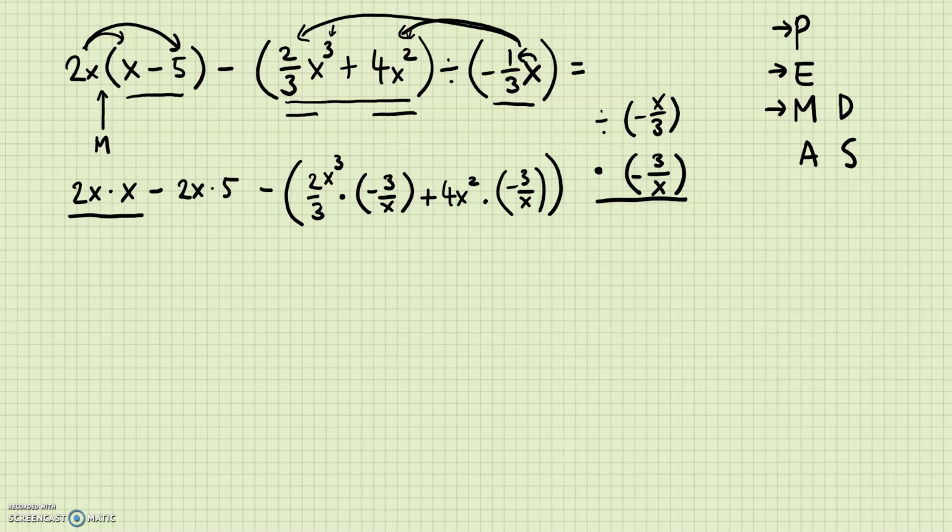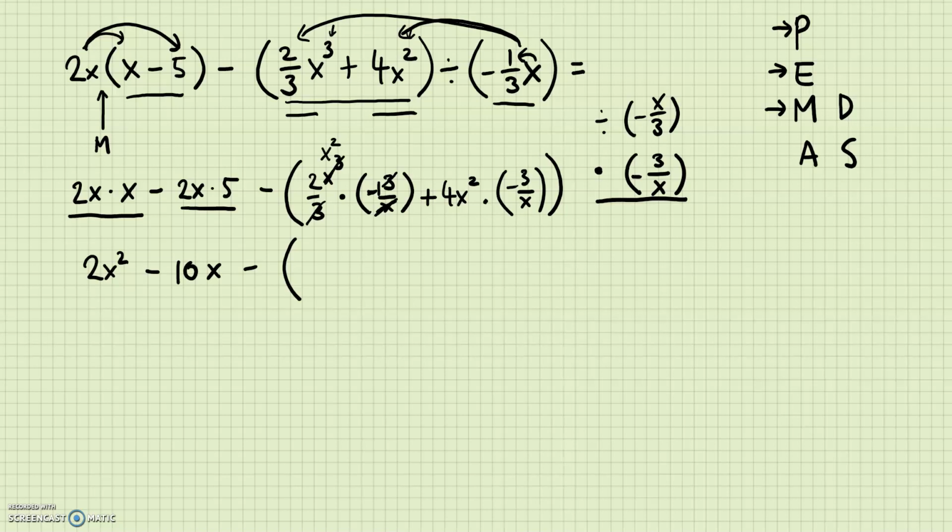So 2x times x is going to be 2x squared, minus 2x times 5 is going to be 10x, minus, we have a parentheses here, the 3 is going to cancel with the 3 here, but there's still the negative sign, so don't forget the negative sign, negative 1. X will cancel with the x cubed, so there's going to be x squared left.